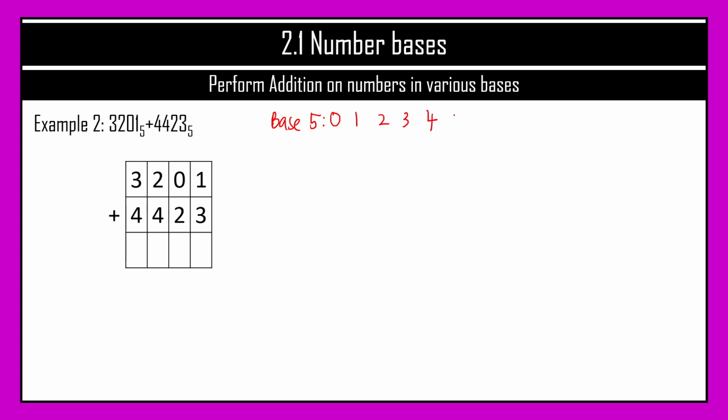Remember, after 4 is 10, 11, 12, 13, 14, and so on. There's no need to list a lot, but enough for this calculation. Now for base 10, I'm going to list the numbers corresponding to those in base 5.